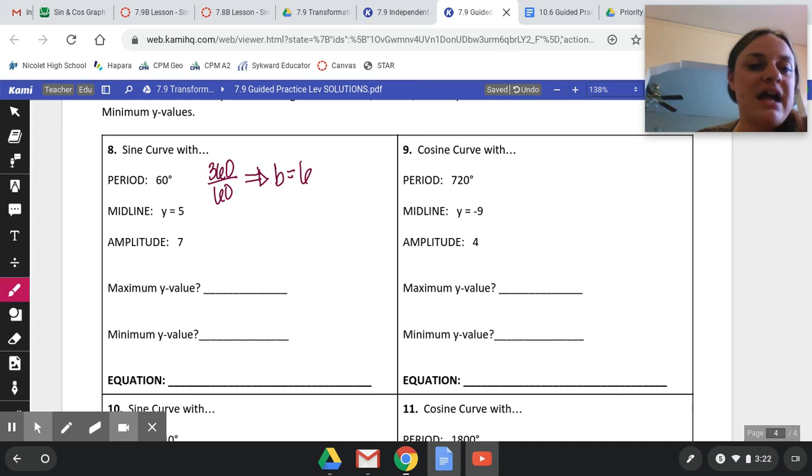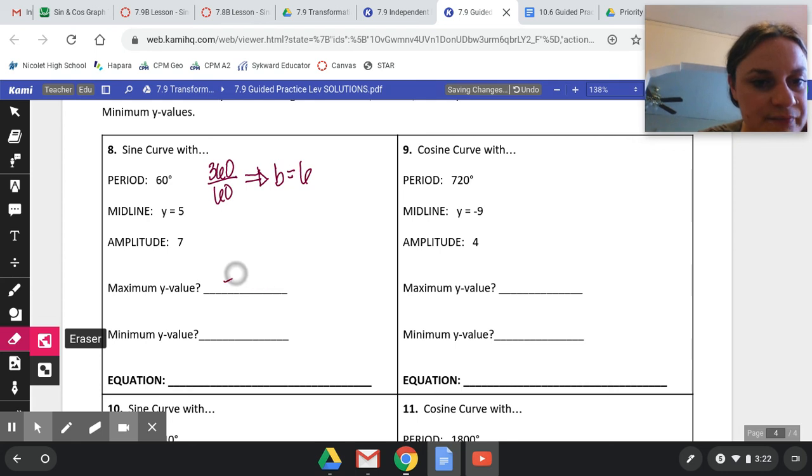Okay, my midline is my k value, my amplitude is 7. Thinking about what my maximum and minimum y value would be, I'm just doing the same thing as we did before.